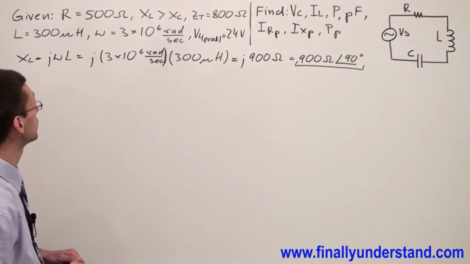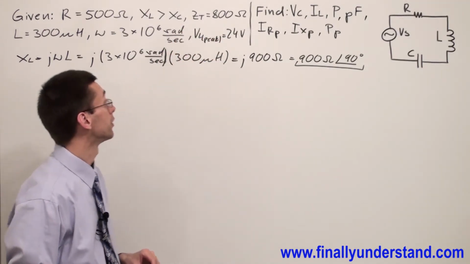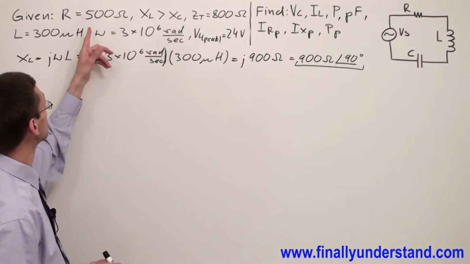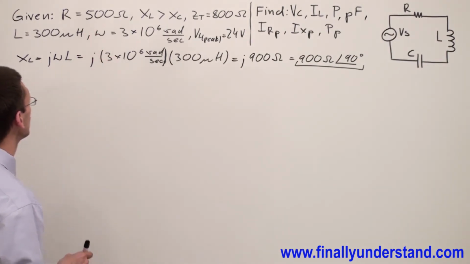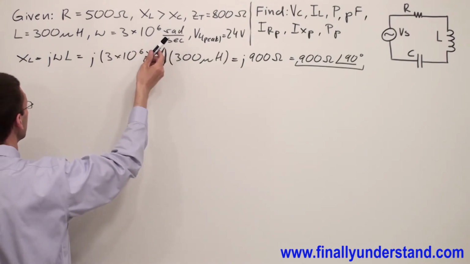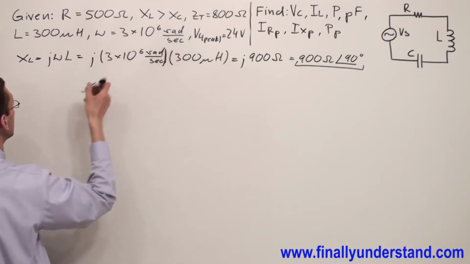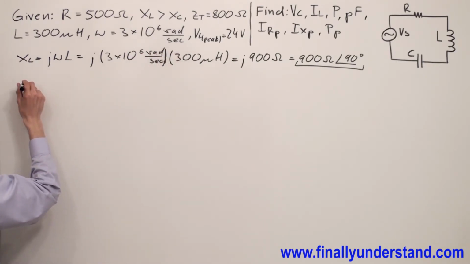Next, please notice that we have given Z total. We have given Z total and we have given resistance. Also, we have given information that X of L is greater than X of C. So we can find very easily the angle which I'm going to have next to Z total. I'm going to use the formula for power factor.